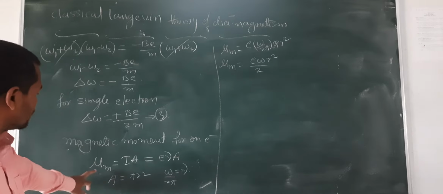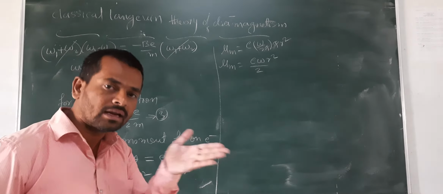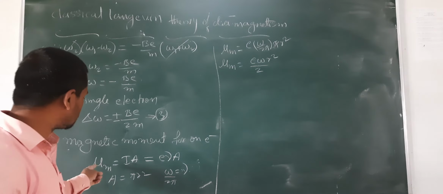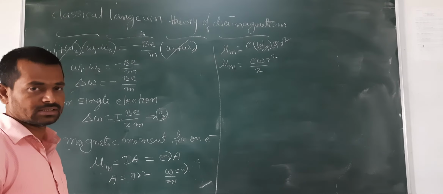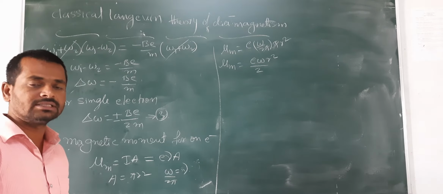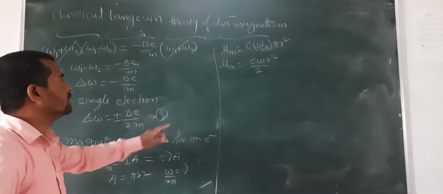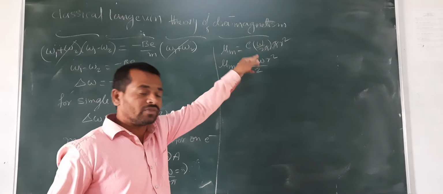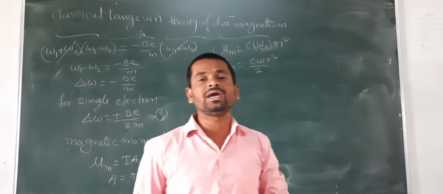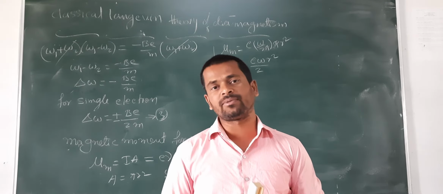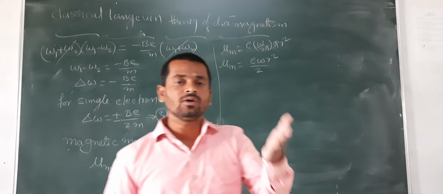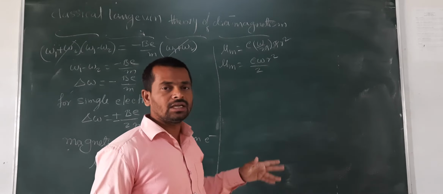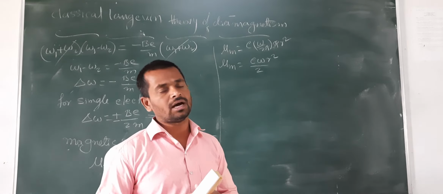Here a magnetic moment can be created with the electrons only, so that is why mu m is written like this, where the electron is revolving around the nucleus. But here omega is there. This omega may change when an external magnetic field is applied. When omega changes, automatically mu m also changes.